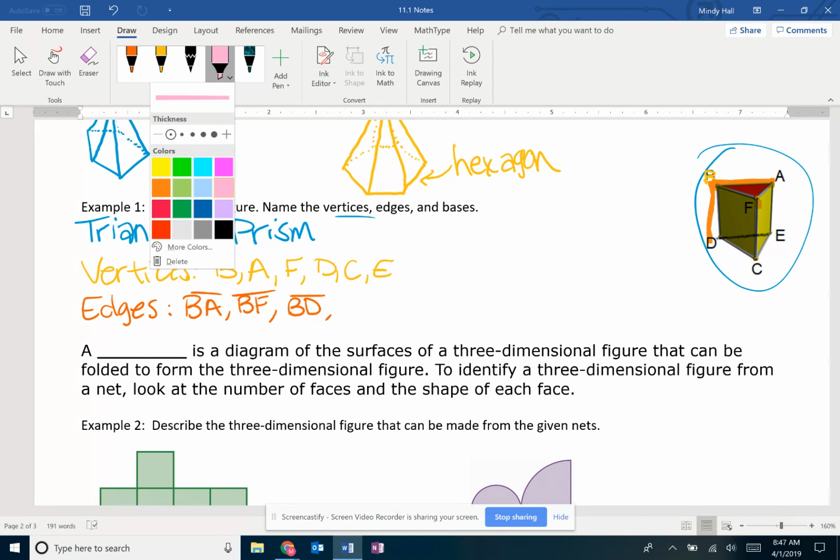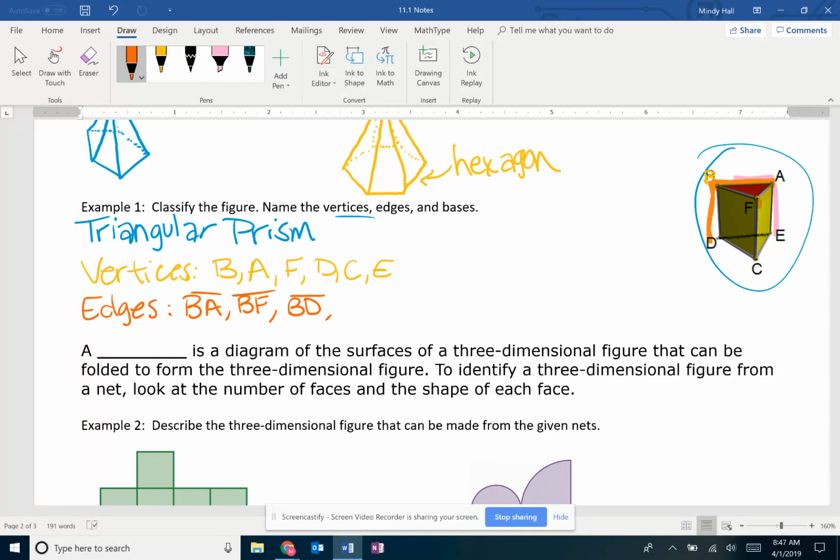If I am at A, I would have AB, which I already have, so I don't need to worry about, AE, and AF. So the only ones I need to add are AE and AF. And that takes care of all of my edges for B and A. And for F, almost, because if you notice with F, we have that one and that one.